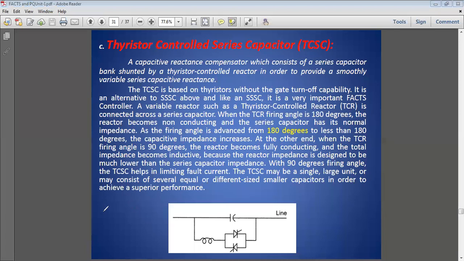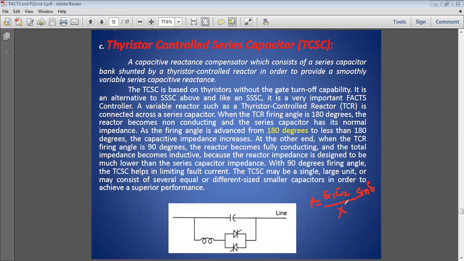See here, we come to know that the power transmitted is equal to E1 E2 divided by total transmission reactance X into sine delta. This is the equation for the power handling capacity of the transmission line.